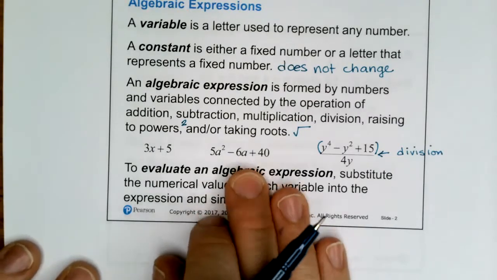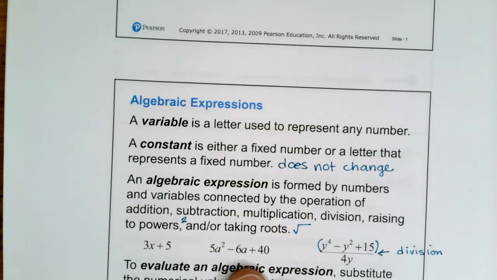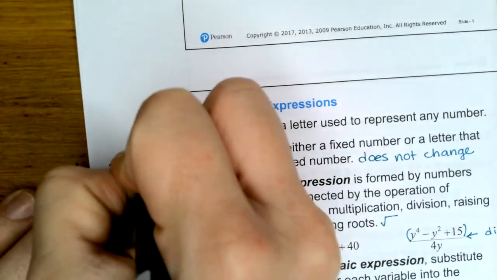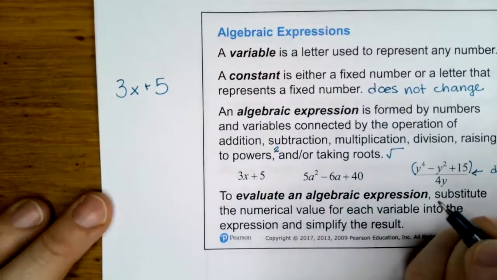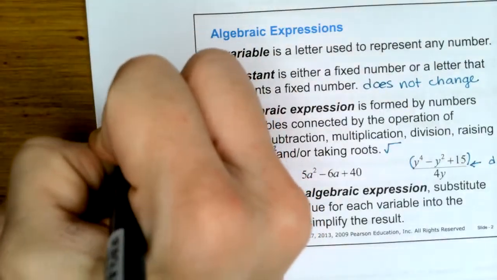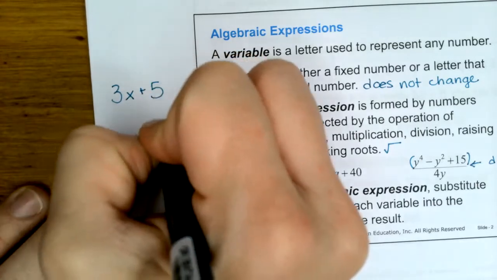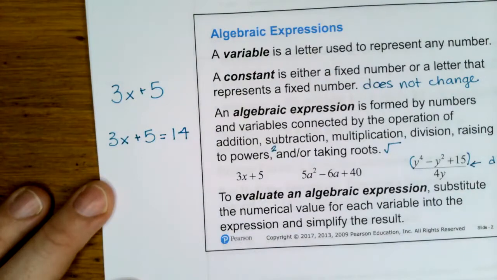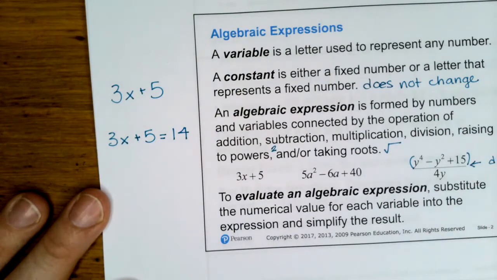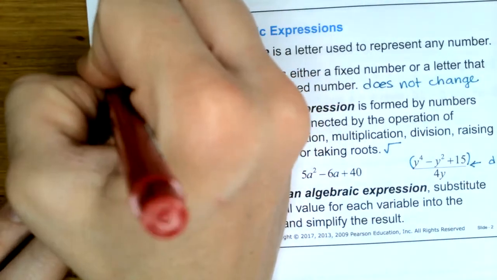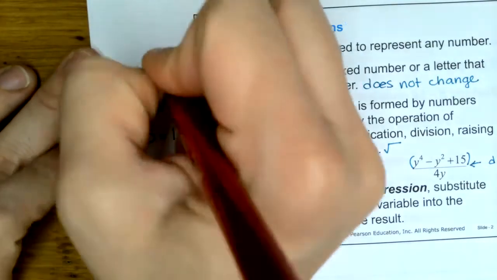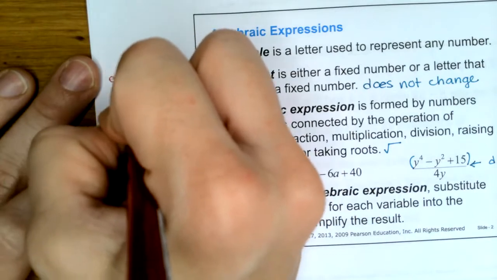All right, an algebraic expression is actually different than, let me show you. So we have 3x plus 5, right? Tell me the difference between this and 3x plus 5 equals 14. This is an algebraic expression, and this is an algebraic equation.